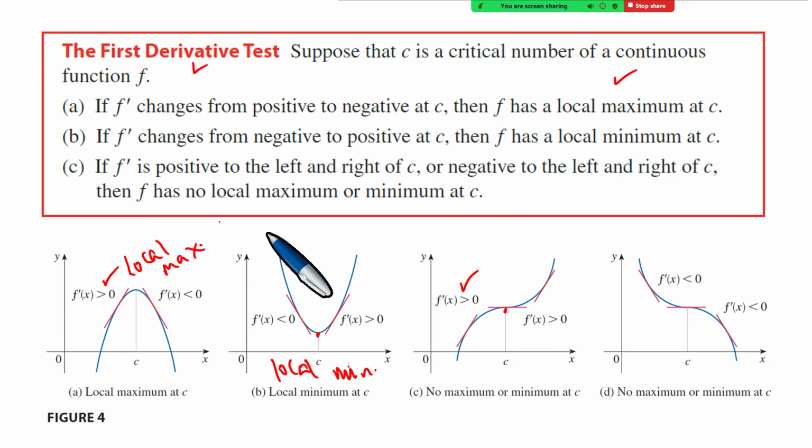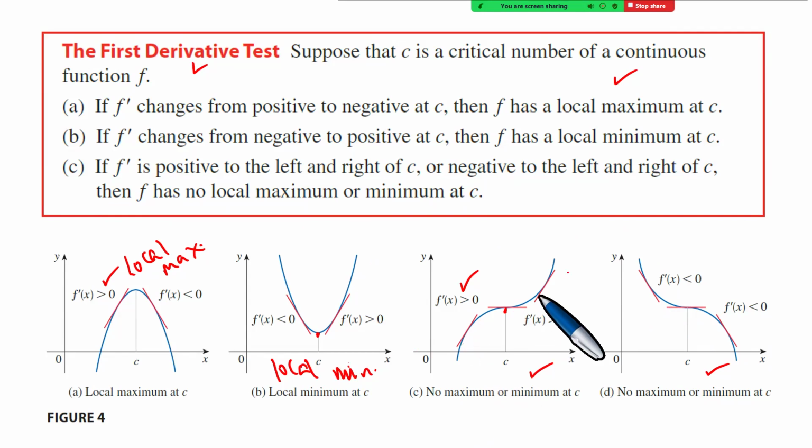So in other words, if f prime is positive to the left and right of C, or negative to the left and right of C, we then say f has no local maximum or minimum at C. At this point, there's no local max or minimum, no maximum or minimum at C, because it is positive all the way.